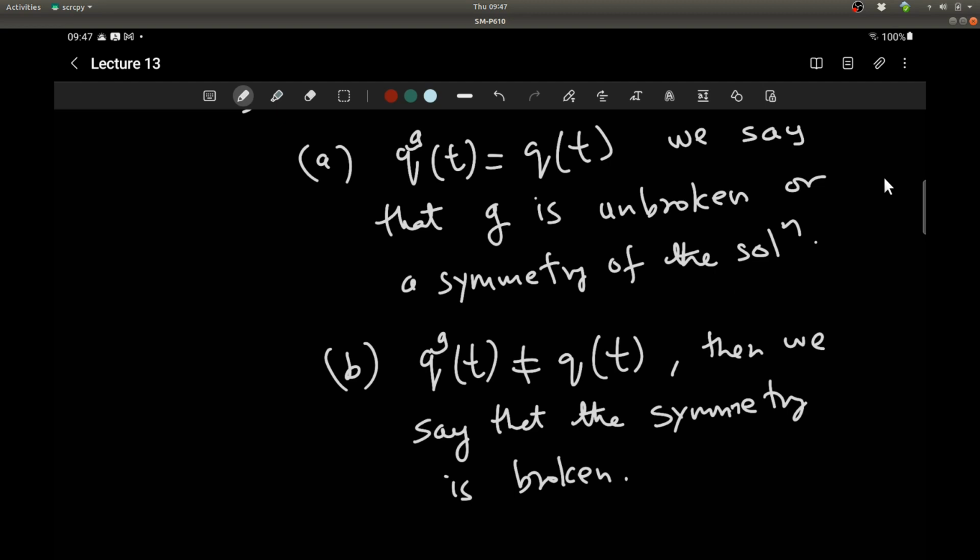In the boosted frame, the particle will be moving, so it's not Q equal to constant, but Q equal to some Vt plus some constant. So for that solution, a stationary particle, the boost is a symmetry that is spontaneously broken. But of course, we know that the equations of motion don't change under a Galilean boost. Is this point clear? So that's an example of a broken symmetry.